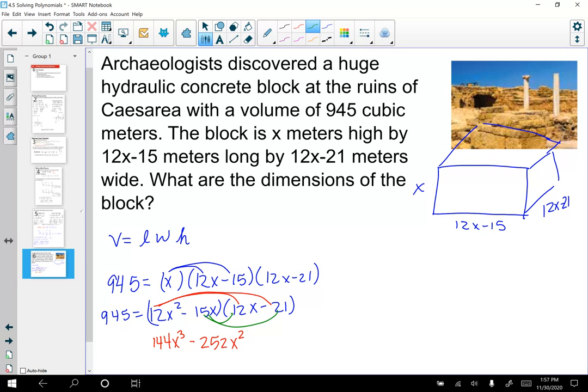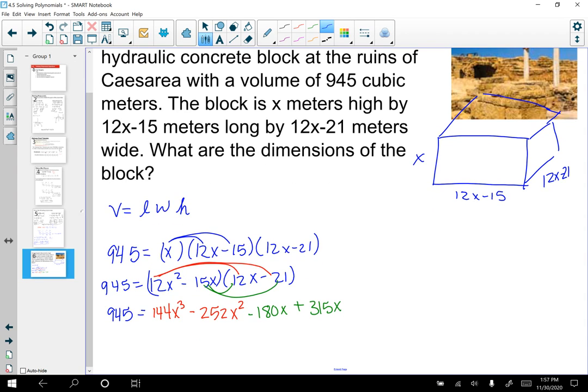Distribute my 15: minus 180x squared plus 315x. Now remember, this is all equal to 945. Well, if I want to solve for x, I want to set this equal to 0. So I'm going to set this equal to 0 and simplify in the same step here.